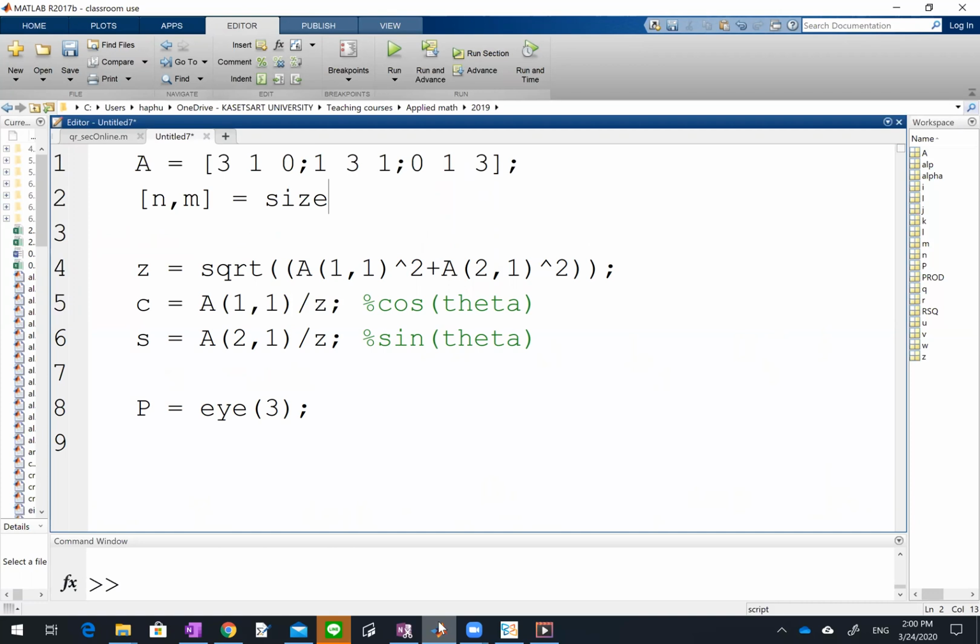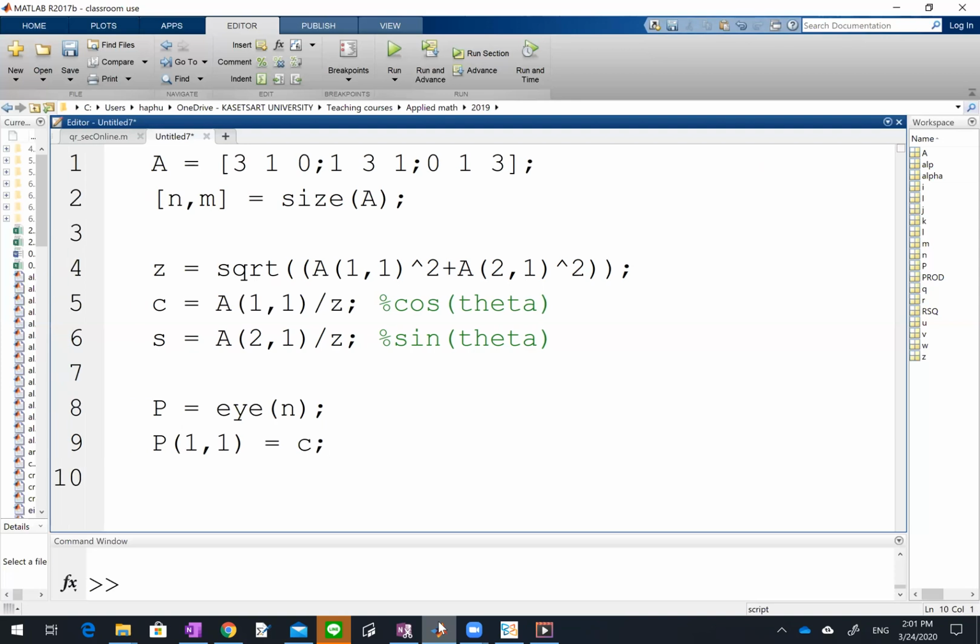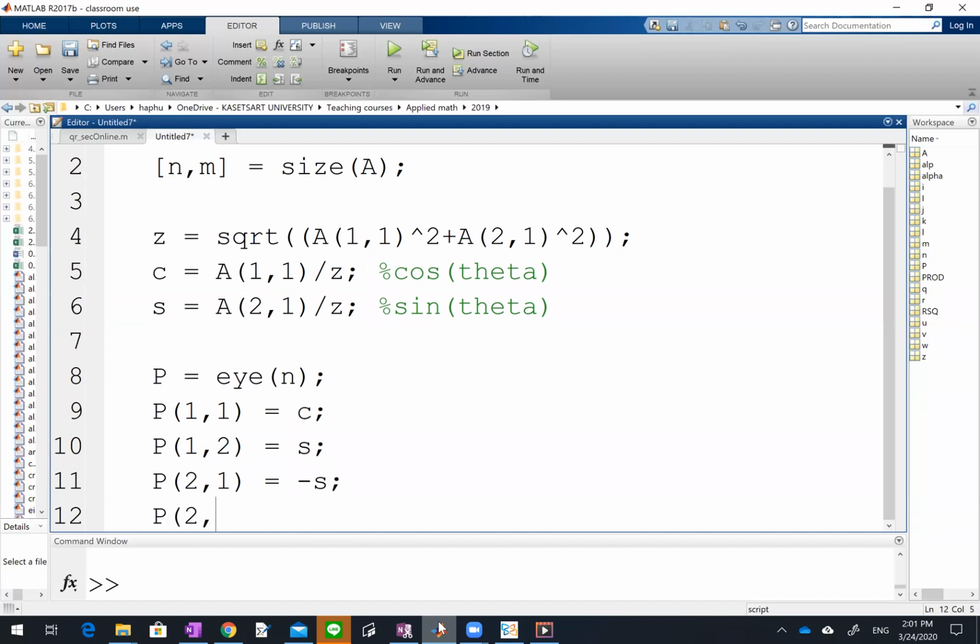Size A is N, so this is just going to be I of N. Okay, so then my P11 is just going to be cosine, P12 is sine, P21 is going to be my minus sine, and then P22 is going to be my cosine.